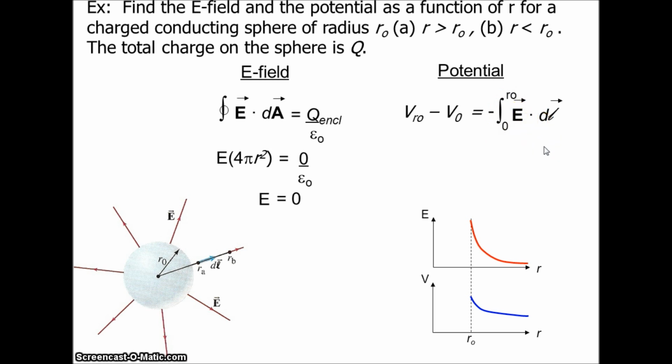The E field is 0, so the change of potential would be 0, which means the potential at the origin has to be the same as the potential at the edge. So for the E field, it's a 0 constant, but for the potential, it's a constant up here where it left off at the edge of the sphere.